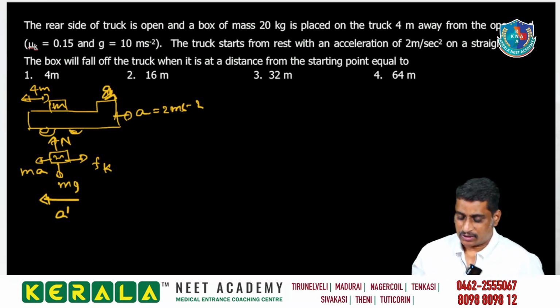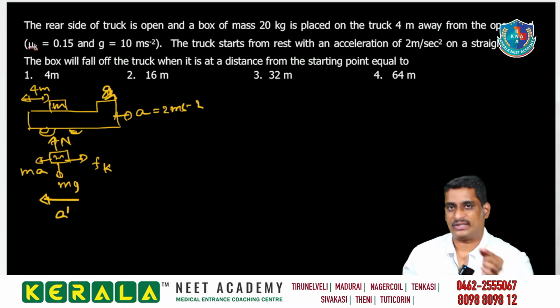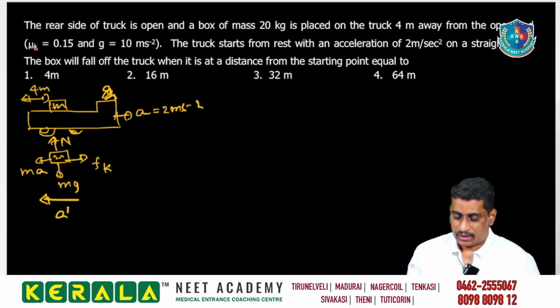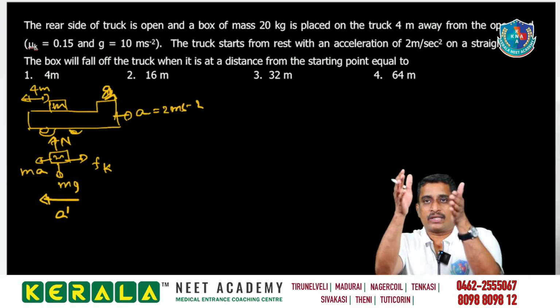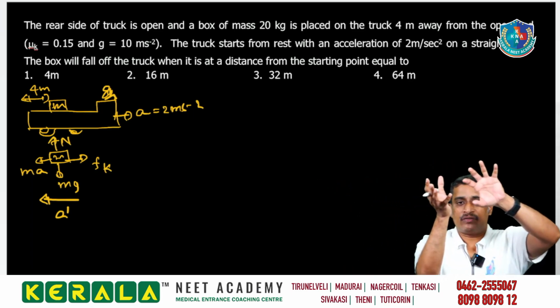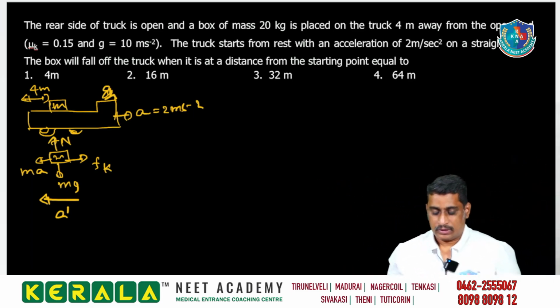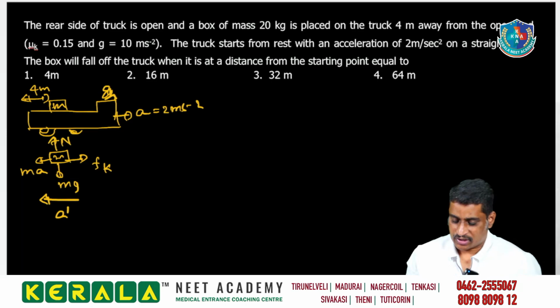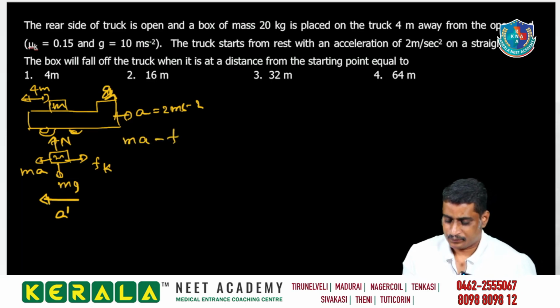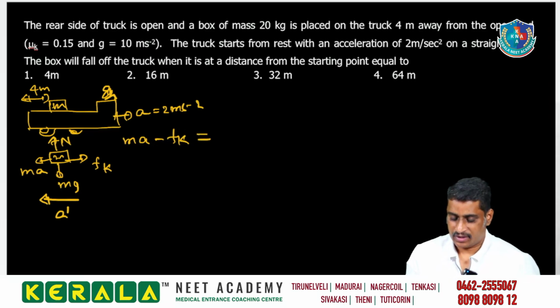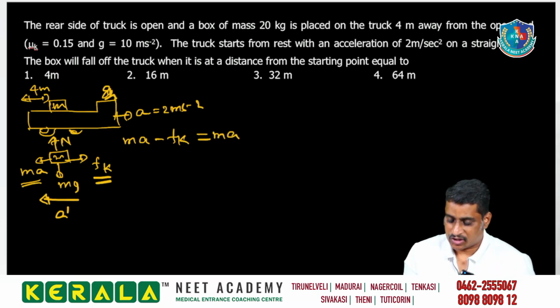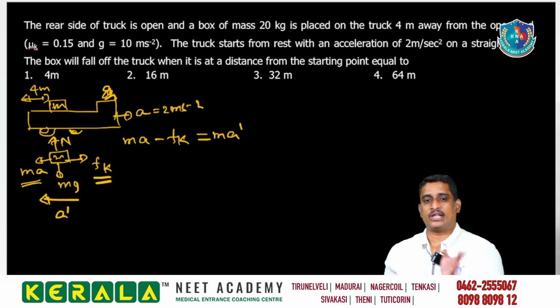Okay, now let us write down the force equation for the block with respect to the truck. Here, when the truck is accelerating along the positive x-axis, it is given that the box is falling down. The force equation for this block with respect to the truck will be: ma minus fk is the net force that will produce acceleration in the block with respect to the truck, nothing but ma dash.